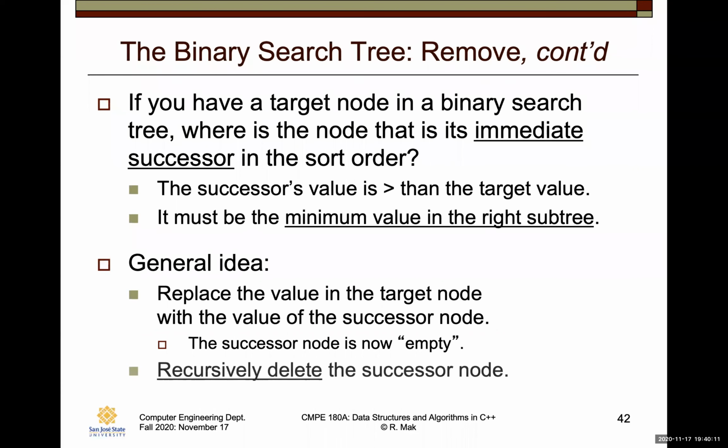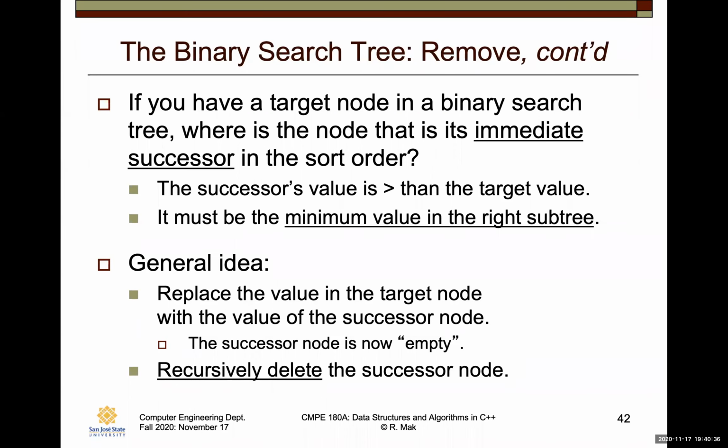This will be a recursive deletion. Once again, to delete a node of a binary search tree that has 2 children, we first find the successor node, and it has to be the minimum child of the right subtree.